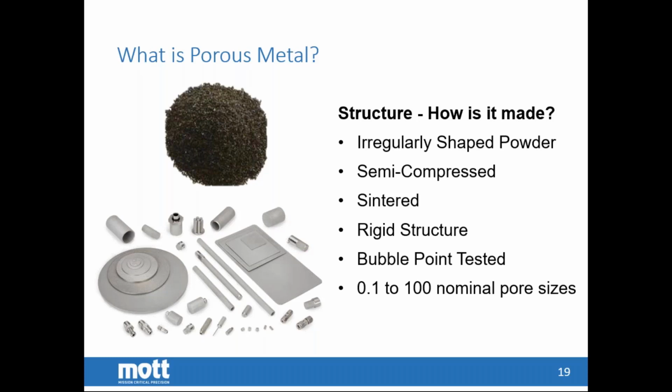In the sintering process, those edges that were held together in the green state are fully connected, and then you have a rigid structure like you would any other stainless type product. We go ahead and test each one of those for the bubble point to determine that we have the correct pore size for that structure we were shooting for, and we have a range from 0.1 to 100 as our media grade that we offer.